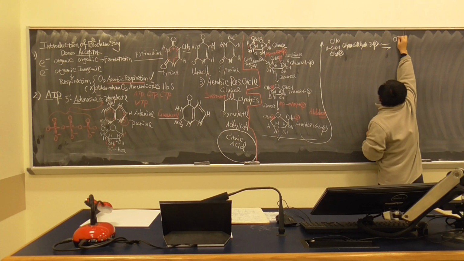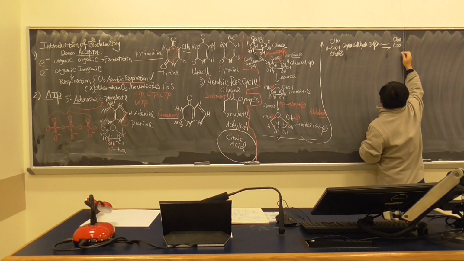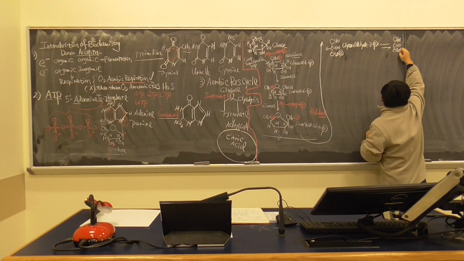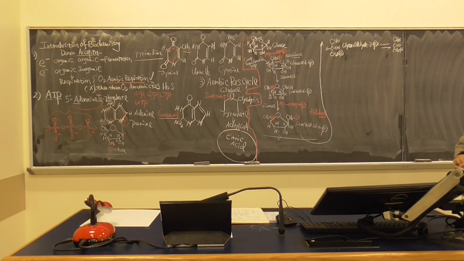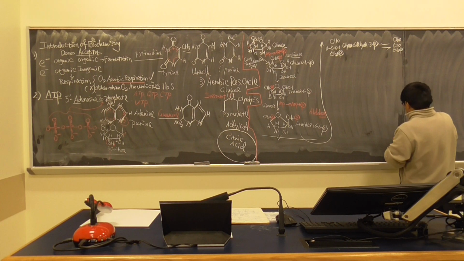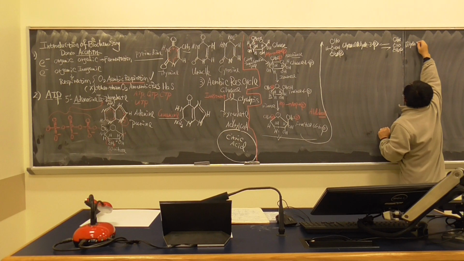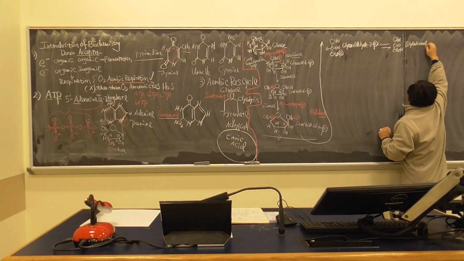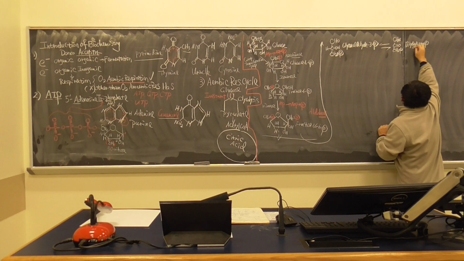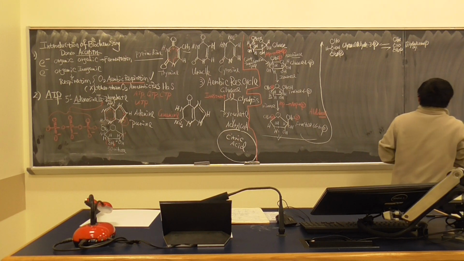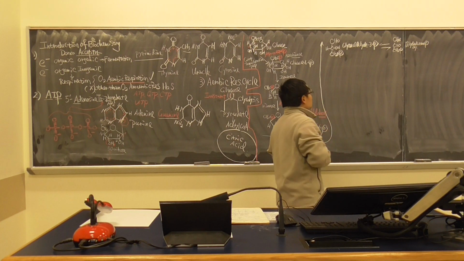It is CH2OH, this is called ketone, CH2O phosphate, dihydroxyacetone phosphate, this is called dihydroxyacetone phosphate. So glyceraldehyde 3-phosphate.